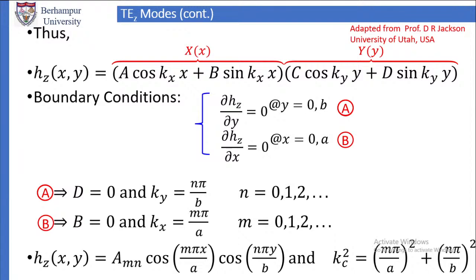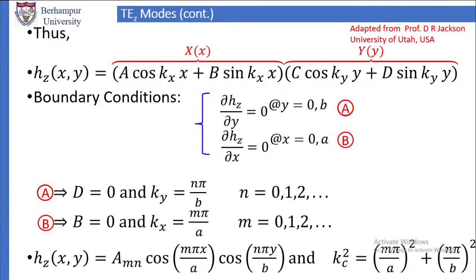There is no problem. Our problem is with B. B into ∂(sin kx x)/∂x is equal to 0 means B into kx cos kx x is equal to 0. Cos kx x at x is equal to 0 is 1. So B has to be equal to 0. So from that you get B equal to 0.